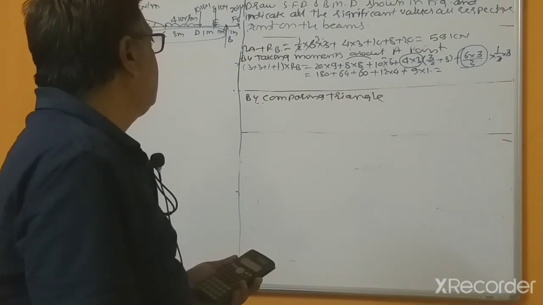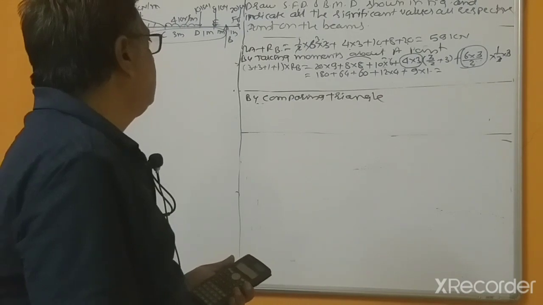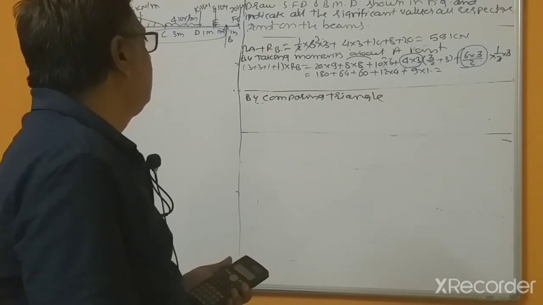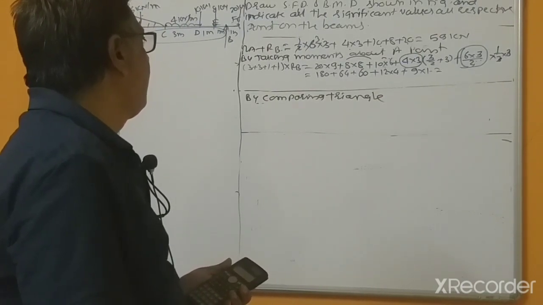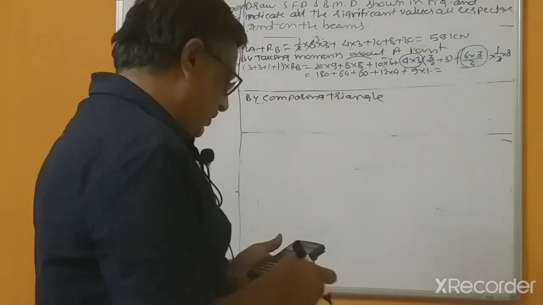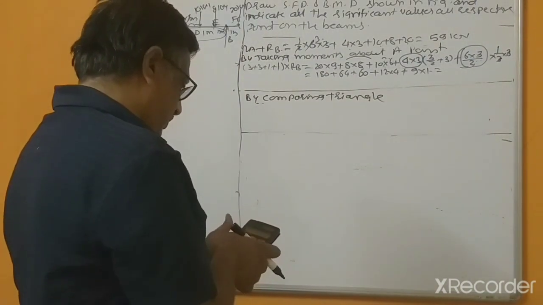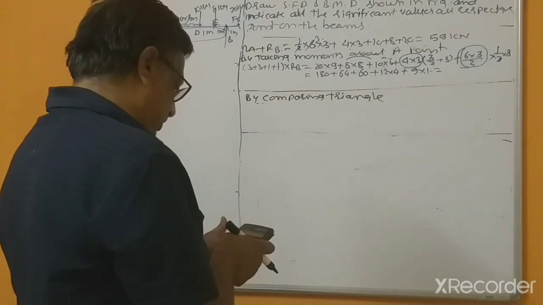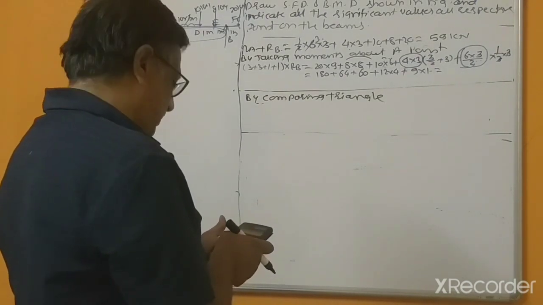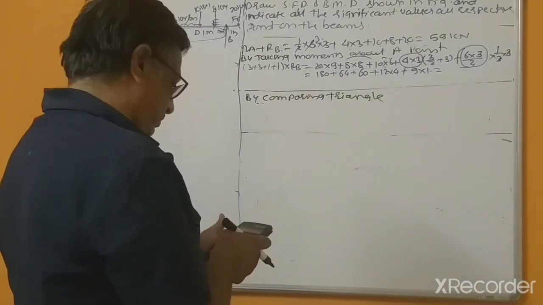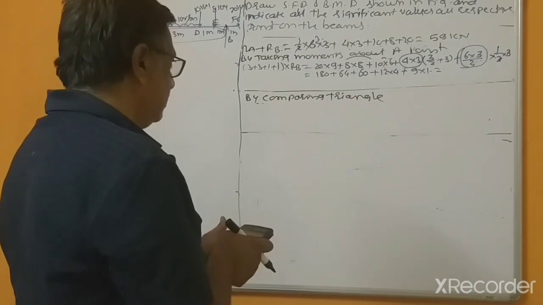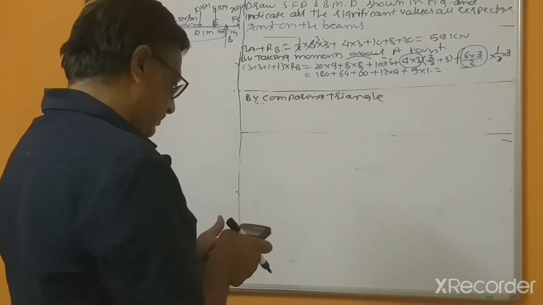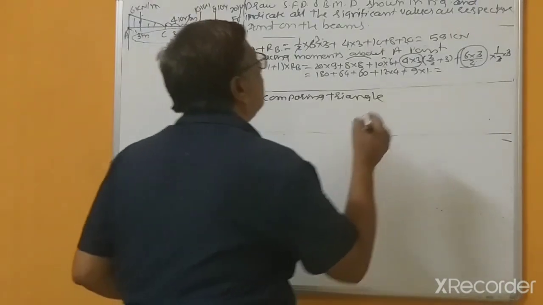I am getting 359, once again I will check. 180 plus 64 plus 60 plus 48 plus 9, 361.